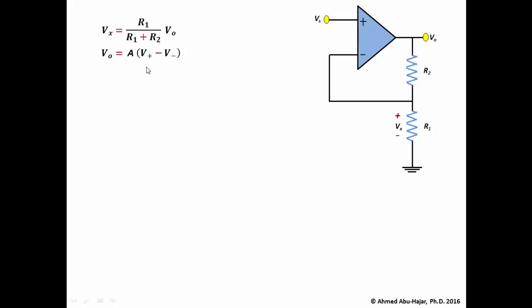But V plus here is basically Vs, so we can say that V out will equal A times Vs minus, and the inverting input voltage is basically Vx, so minus Vx. But Vx is also given as a function of V out, then we can state that V out will equal A times Vs minus A times R1 over R1 plus R2 times V out.